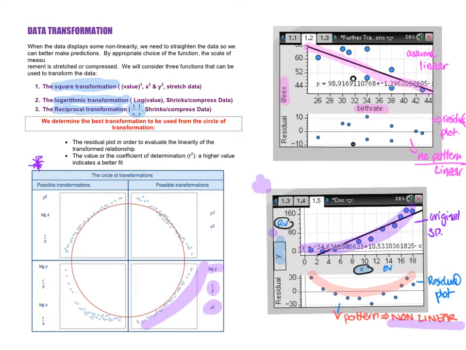We're going to have a look at some examples and work you through it, because we've got 3 options there, and I'm going to show you how you can decide which one's the best option. So here's an example. The table below gives us the human development index and the mean number of children per woman in 14 countries.